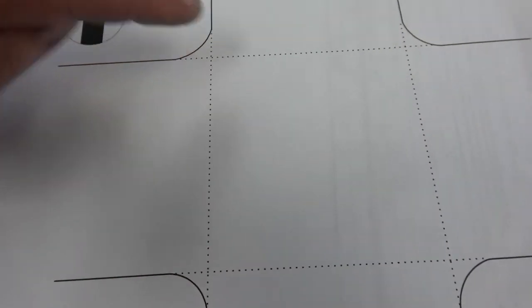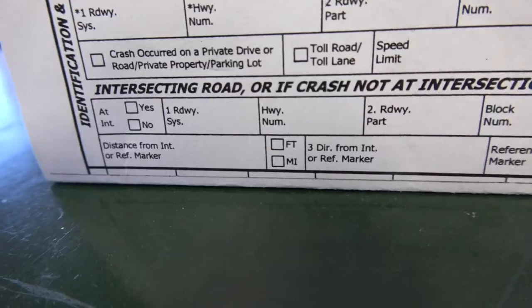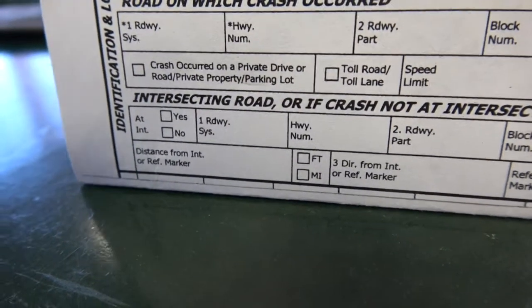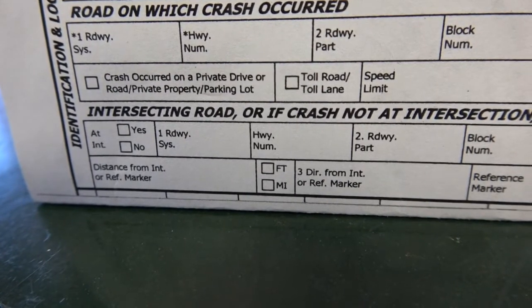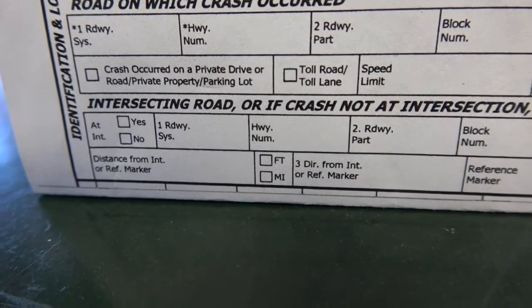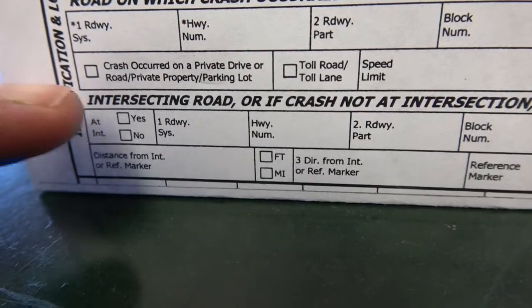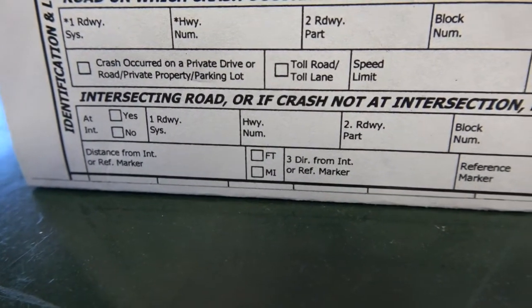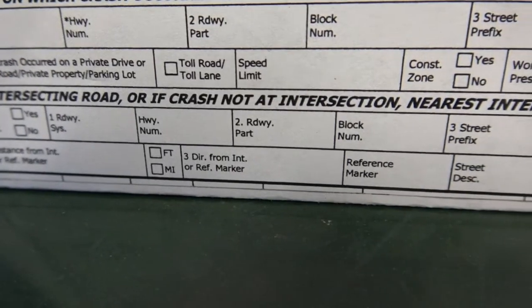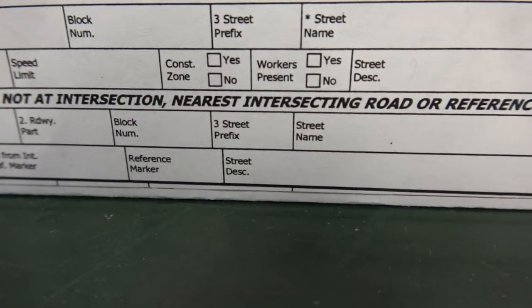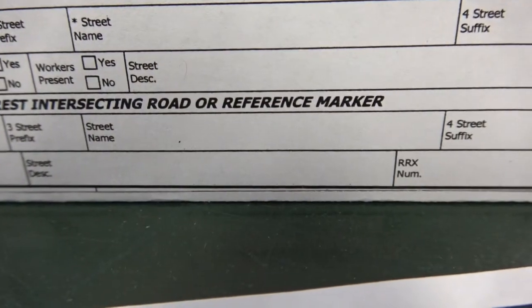Intersecting curb lines, that's the intersection. Roadway system, same as at the top. You pick the nearest intersecting cross street for your intersecting road. Highway number, this is all the same as at the top with your intersecting cross street.